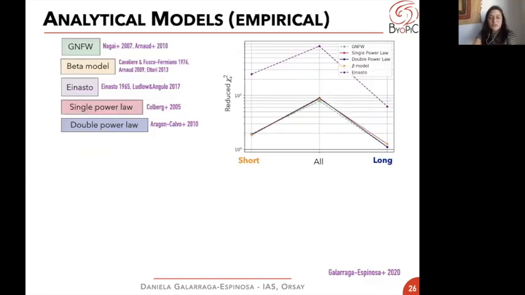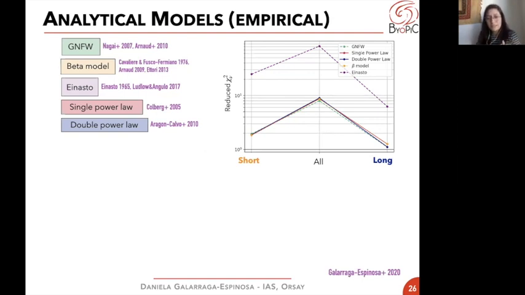To finish, we wanted to try to model these densities and the density profile, and to do so we took some models from the literature. These models are inspired by cluster literature: the generalized Navarro-Frenk-White, the beta model, the IAS-Orsay profile, and a single and double power law, which are more empirical models.